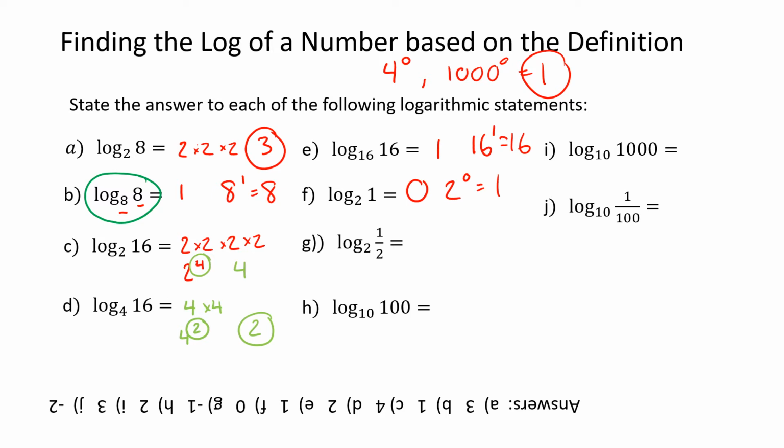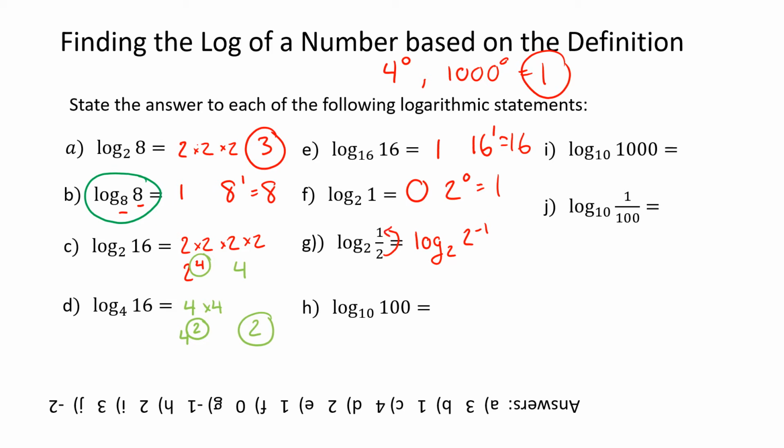For G, we have the log of 2. And the number is 1/2, okay? This one is a little bit different. Remember, we can write something that's in the denominator and move it to the numerator if we change the exponent. So what that means is this is the same as writing it as log of base 2, and this would be 2 to the negative 1. I've moved the 2 to the numerator.